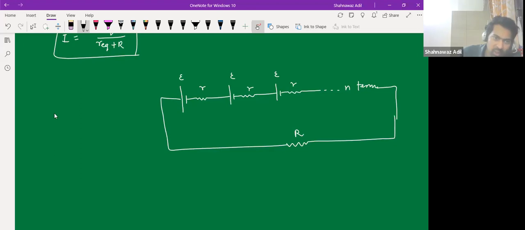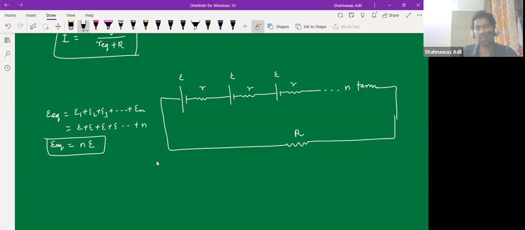E equivalent would be E1 plus E2 plus E3 and so on up to En, which is E plus E plus E plus E, so that would be simply nE.